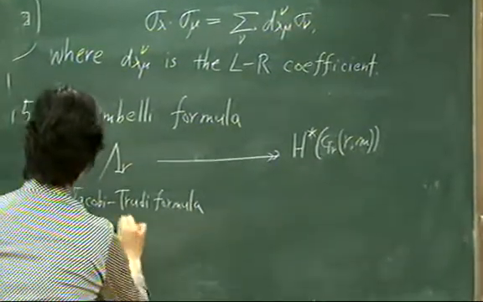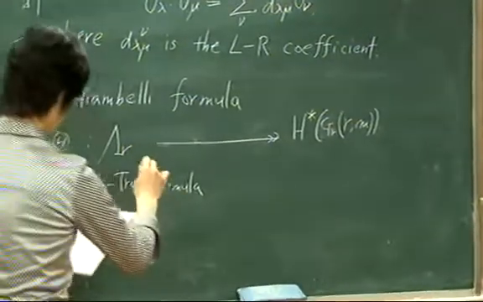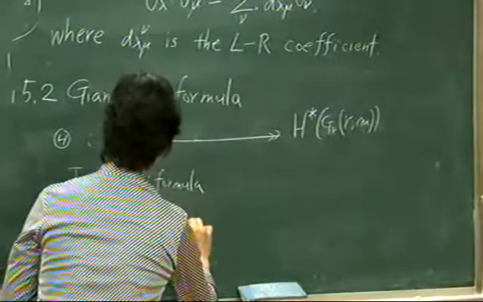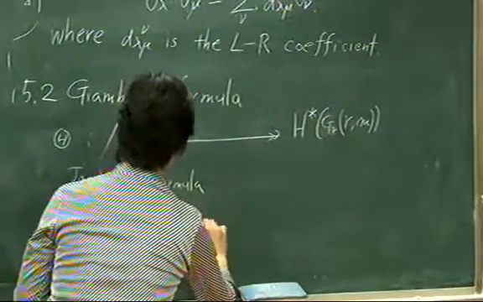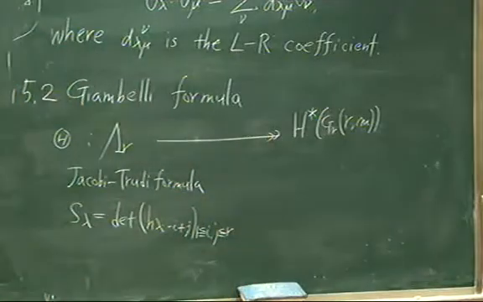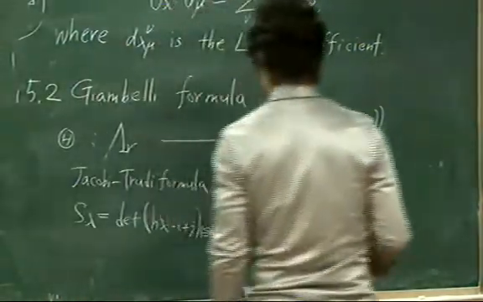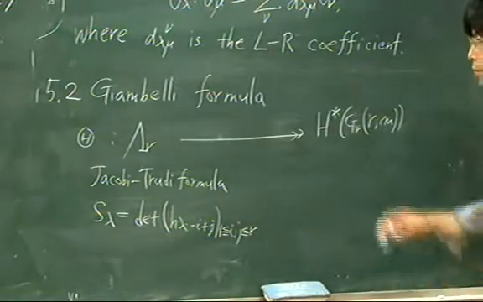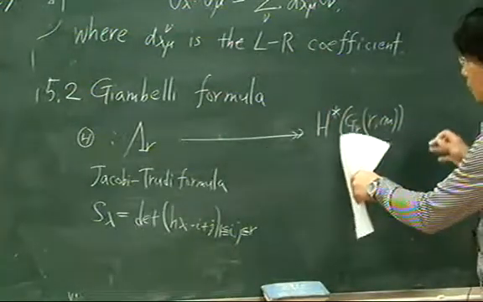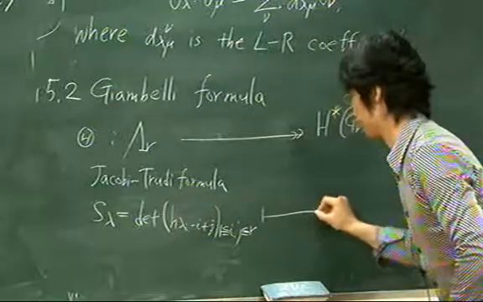S lambda is the determinant of H lambda i minus i plus j, and we send this relation to the cohomology of the Grassmannian.